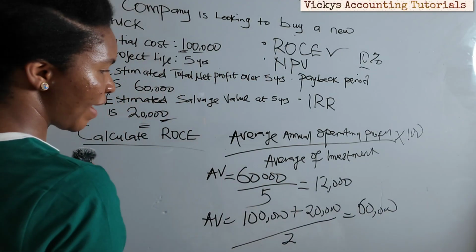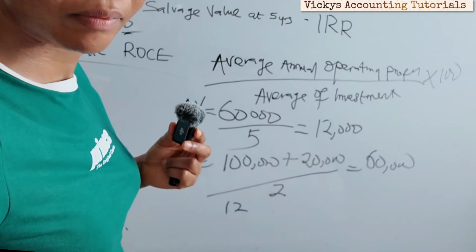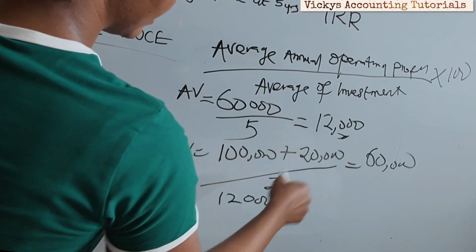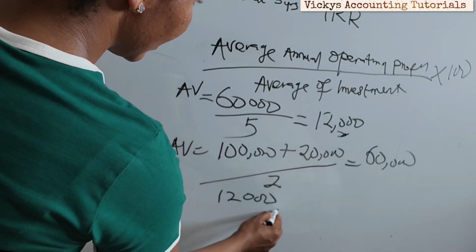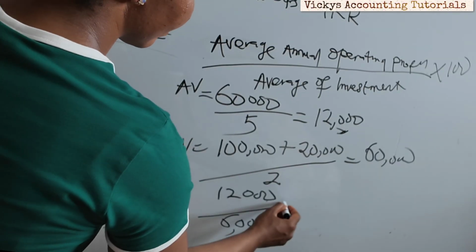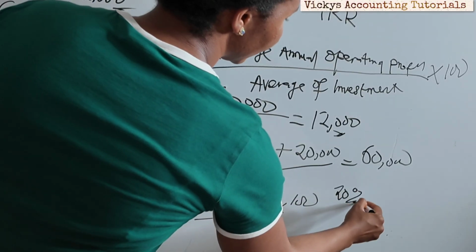And then finally, which is the average operating profit 12,000 divided by 60,000, okay, times 100, a percentage of 20%, okay?